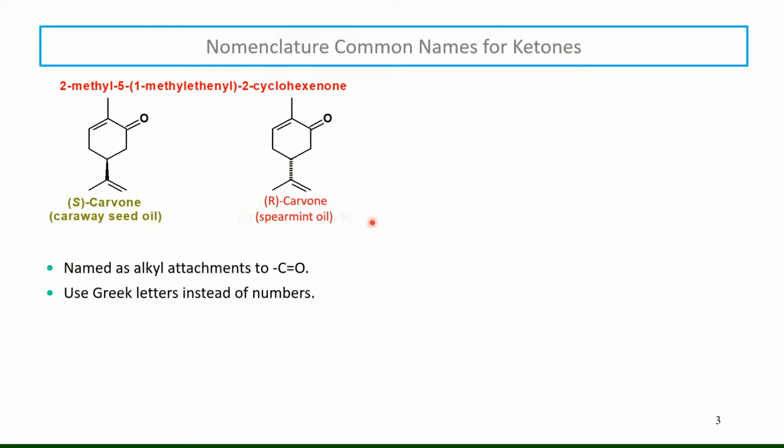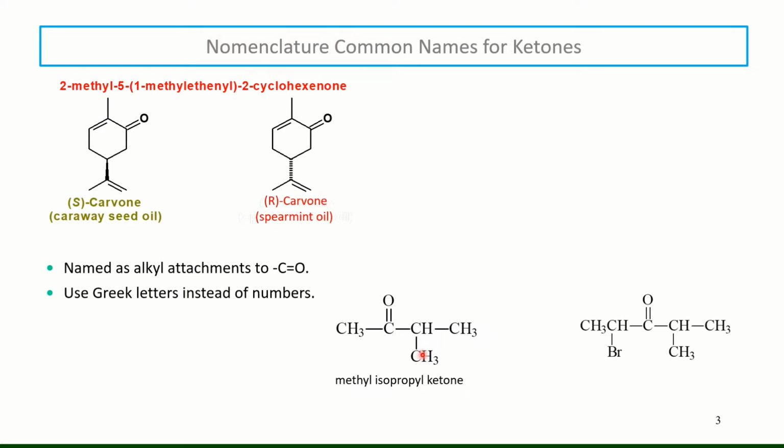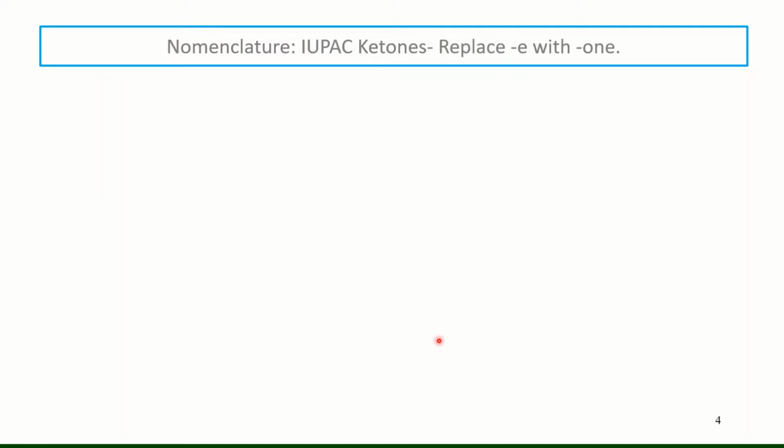For example, this fella here has a methyl group and an isopropyl group, so of course it's methyl isopropyl ketone. And here, for example, you've got a carbonyl, and there's an isopropyl here and an ethyl with a bromine on it, so it's bromoethyl isopropyl ketone.